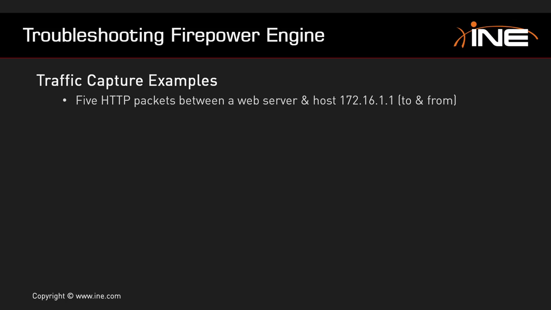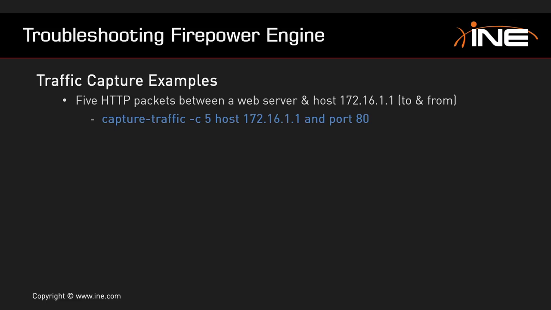Assuming that we want to look at web communication between a web server and a host in both directions. So from the host to the server and then from the server to the host. You could use this syntax. I want to capture 5 packets. And I don't really care about the source and destination.